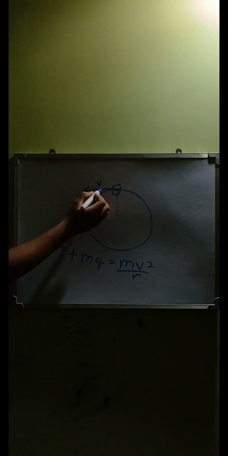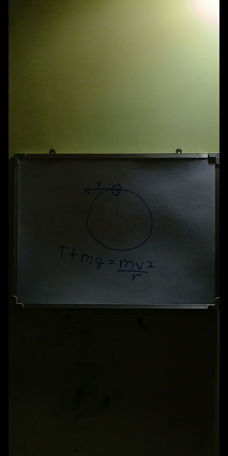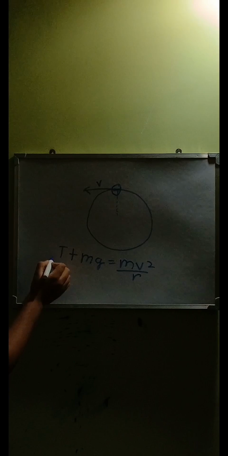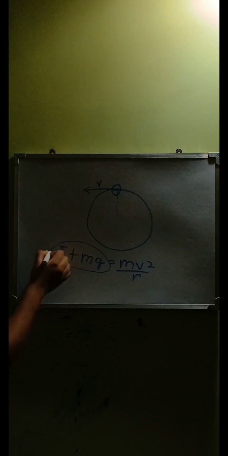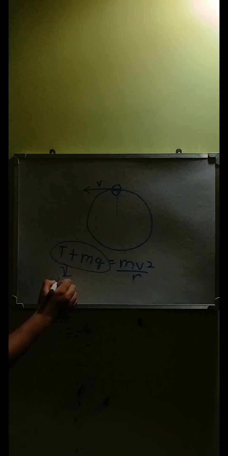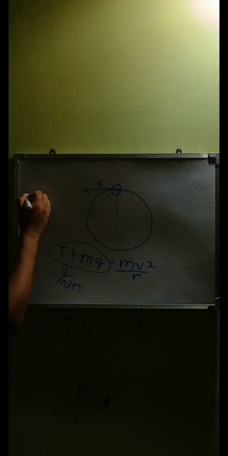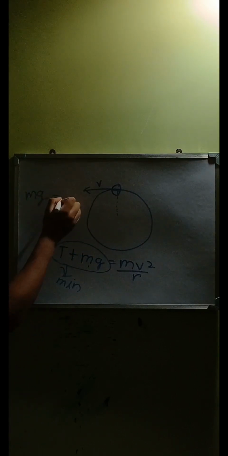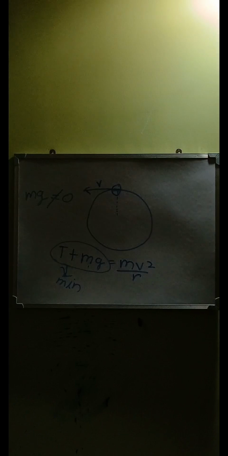Now, for the velocity at the topmost point to be minimum, this value, T plus mg, should also be minimum. One thing is very clear here: mg can never be 0, because if mg becomes 0, then there is no gravity acting, which is completely irrelevant.